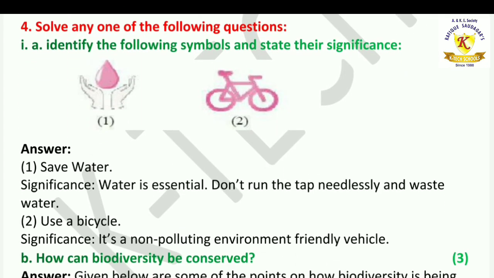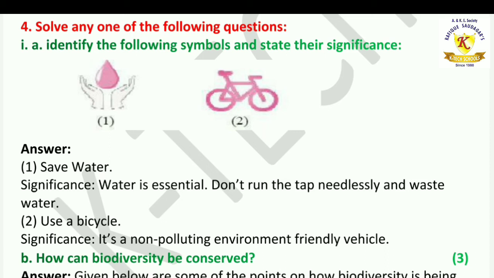Question number 4. Solve any one of the following. It carries 5 marks. Okay. The first one. Identify the following symbols and state their significance. So the first image, okay, it says save water.